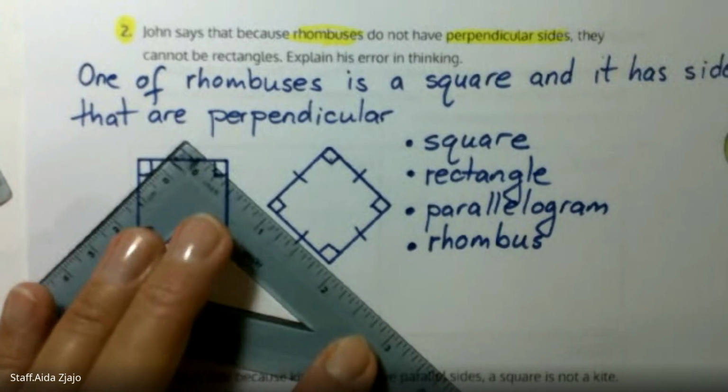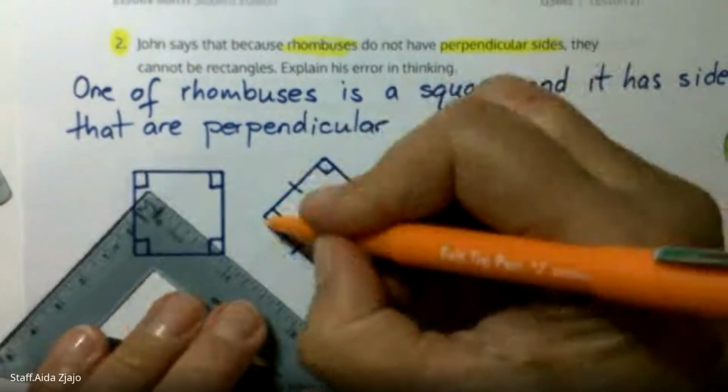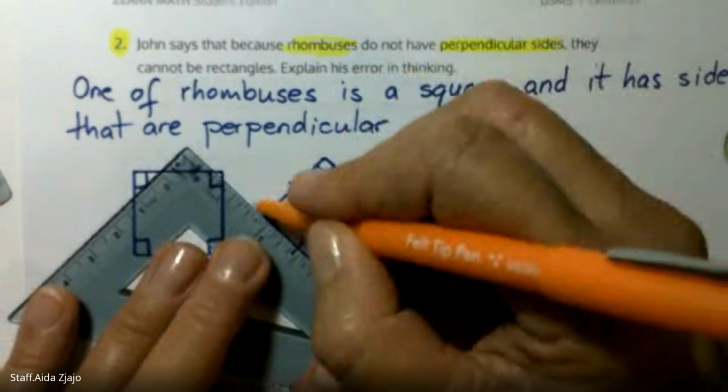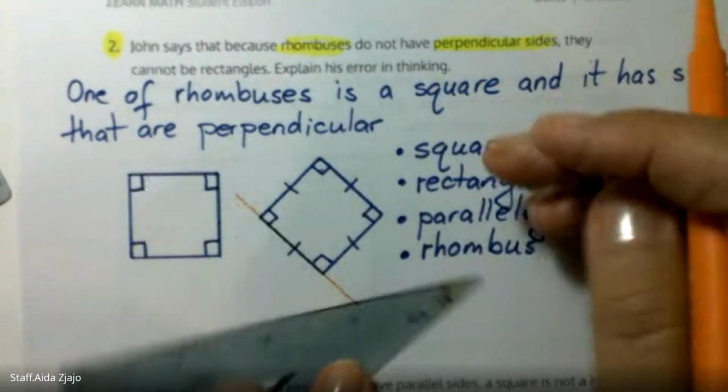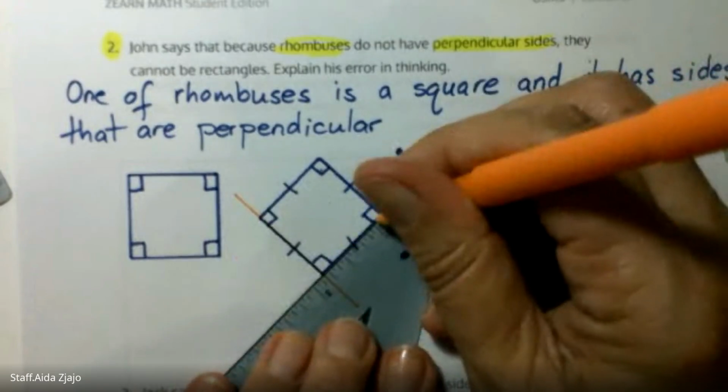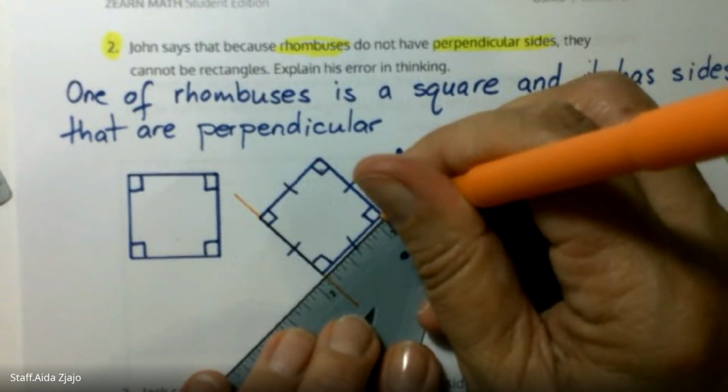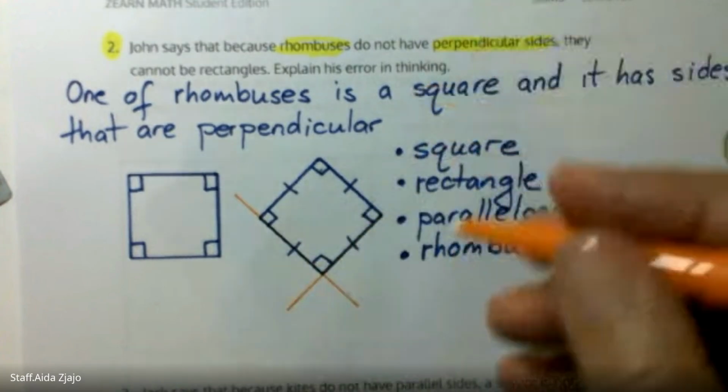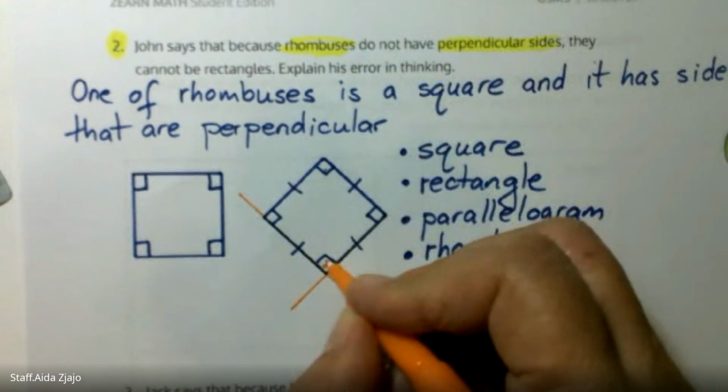So if I extend this side and this side, they are perpendicular to each other.